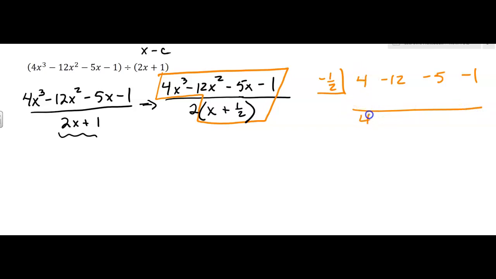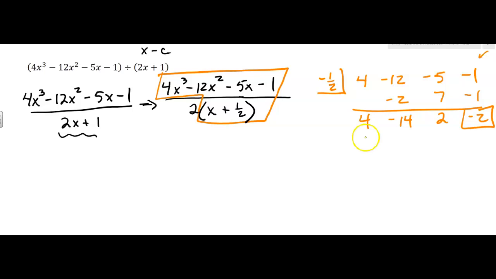Okay, bring down the 4, and then I get negative 2, and I get negative 14. This should look very familiar from the video if you watched it. And I get negative 1 here, and then negative 2. The difference was, I think one problem that I did had negative 1 here, and another problem had negative 7. So I'm not sure which way it is in the video, but it's basically that, right?